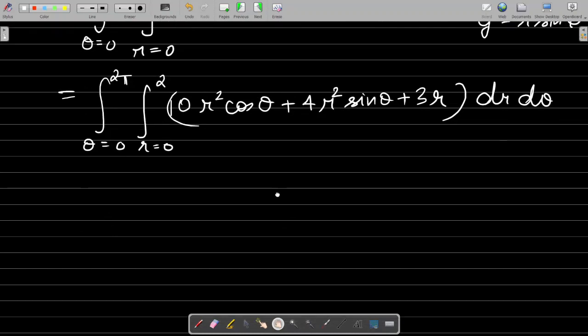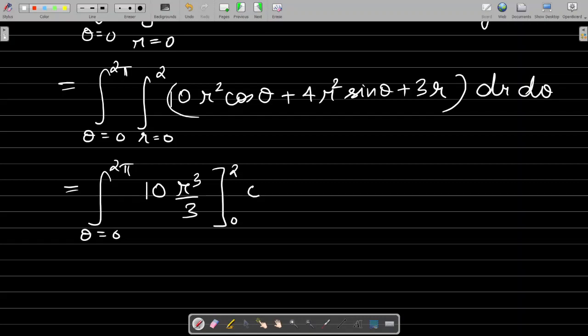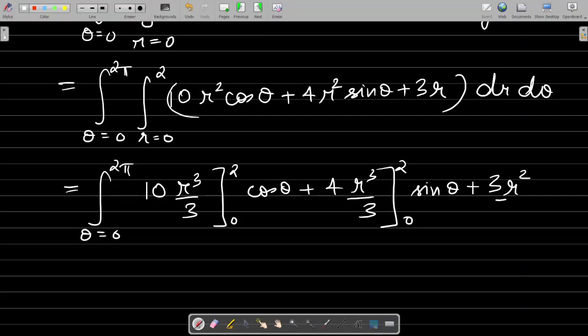Here we will use the variable theta instead. So theta equal to 0 to 2 pi, then you are having 10 into r cube by 3 within the limits 0 to 2 times cos theta, plus 4 into r cube by 3 within the limits 0 to 2 times sin theta, plus 3 into r square by 2 within the limits 0 to 2, then finally d theta.